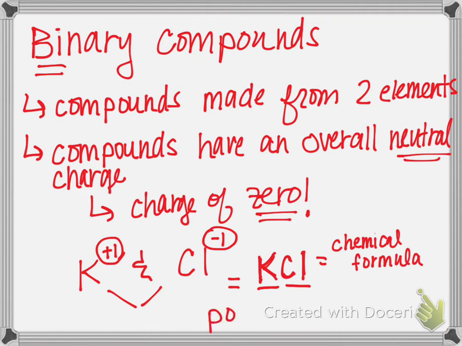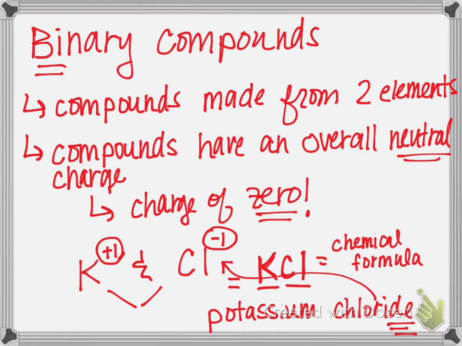So it would be called potassium chloride because we used the -1 version of chlorine. We didn't just use neutral chlorine. We used chlorine -1. Okay, so it has to be called chloride. Potassium keeps its regular name. The anion gets an -ide.